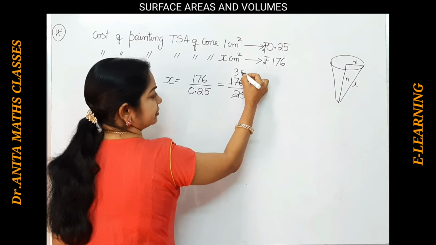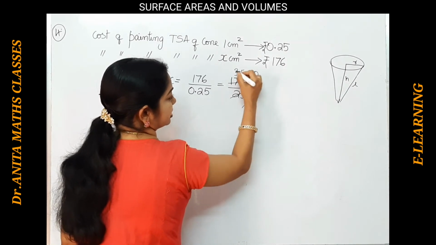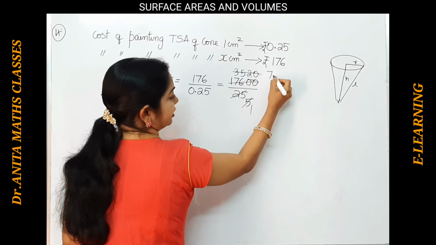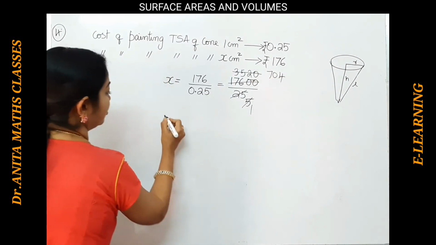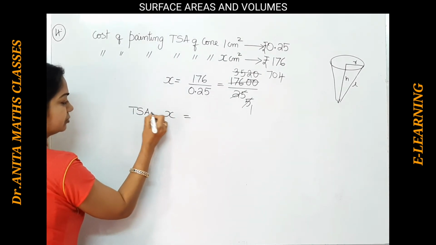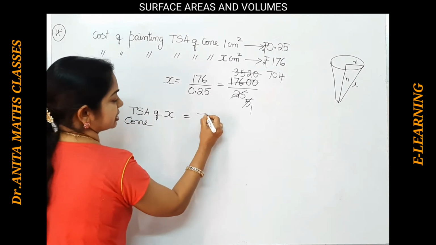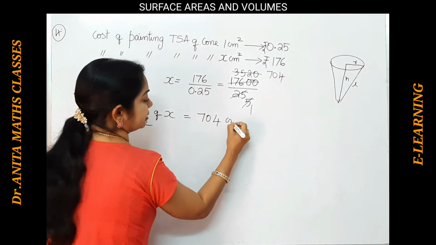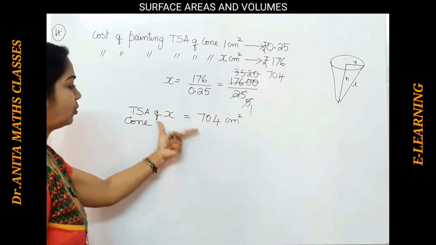So 5 fives are 25, 1 comes, 5 twos 10, 0. 5 ones again, 5 sevens 35, 0, 5 fours 20. So x is our total surface area of the cone, which is 704 centimeter square, because all are in centimeters. We got the total surface area.